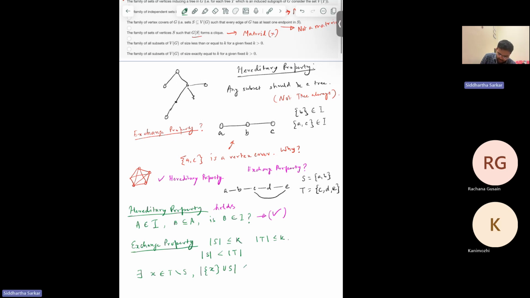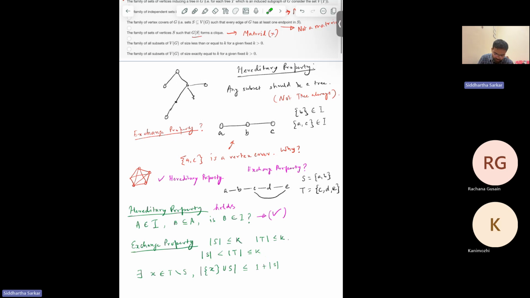You know that x is one element plus the size of S. So what is the size of S? Since the size of S is less than the size of T, the size of S is also strictly less than k. The number of elements in T is at most k, and S has at least one less element than k.